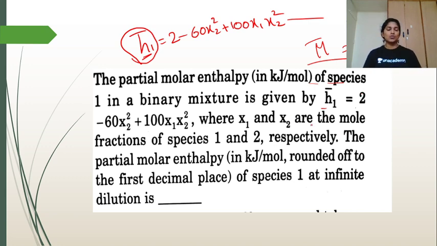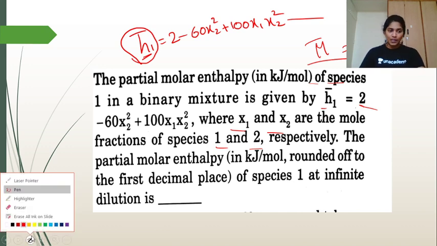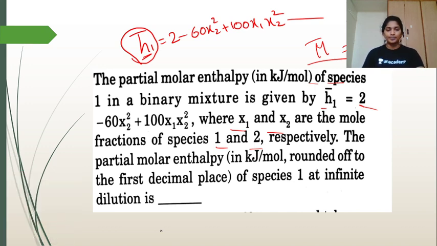Yeah, so we have H1 bar, and X1 and X2 are the mole fractions of species 1 and 2. The partial molar enthalpy, rounded off to the first decimal place, of species 1 at infinite dilution is? So we have an interesting topic, which is infinite dilution.